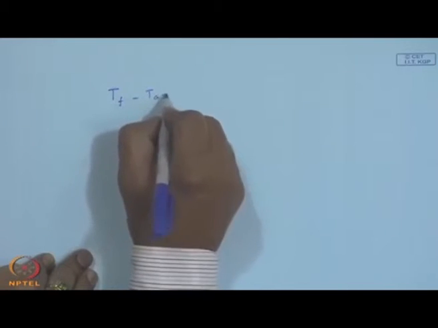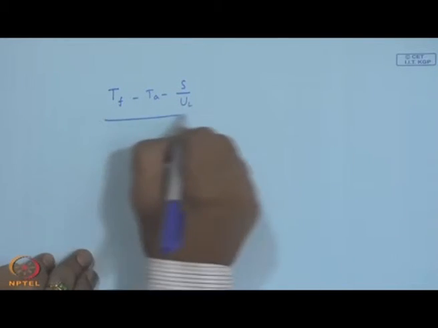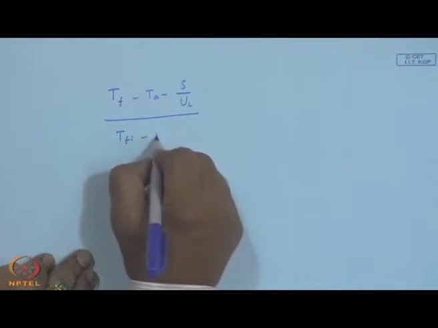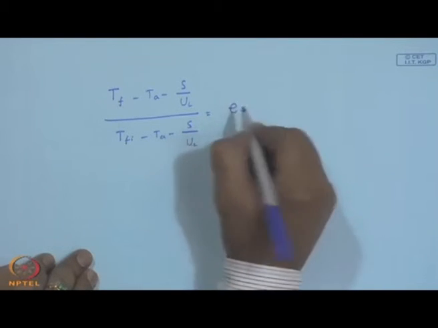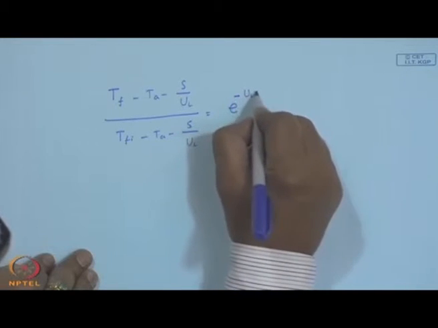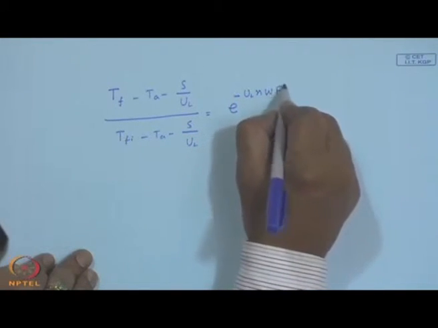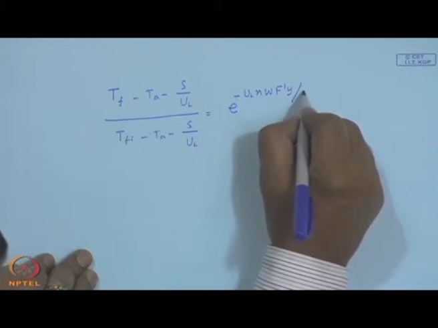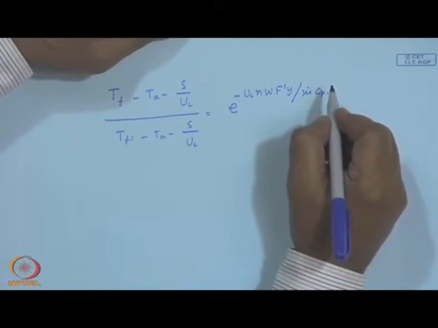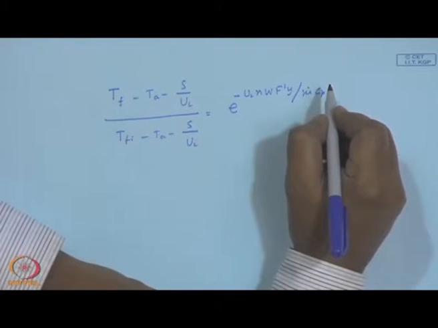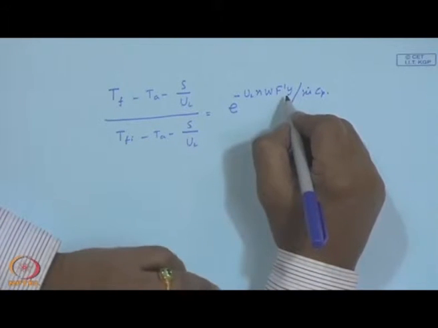So, we have the temperature variation relation: T f minus T a minus S upon U L, by T f i minus T a minus S upon U L, is equal to e to the power minus U L n W F dashed y by m dot C p, where U L is the overall loss coefficient, n is the number of tubes, W is the spacing between center of the tube to the center of the tube, F dash is the collector efficiency factor and y is the distance along the tube.